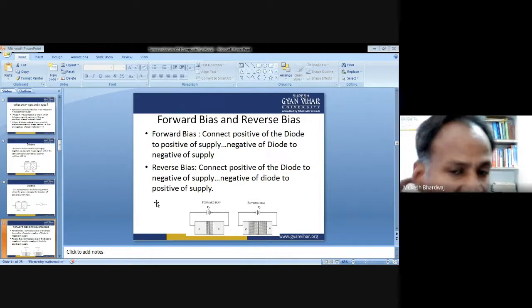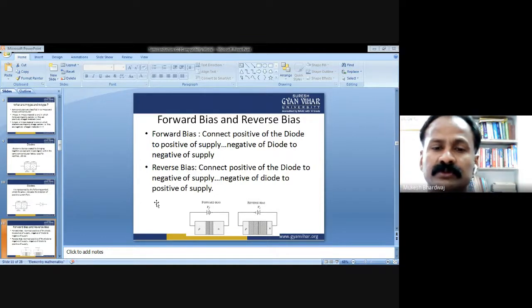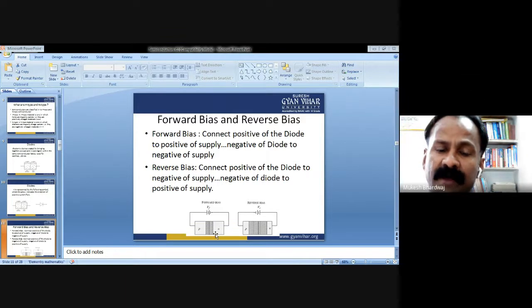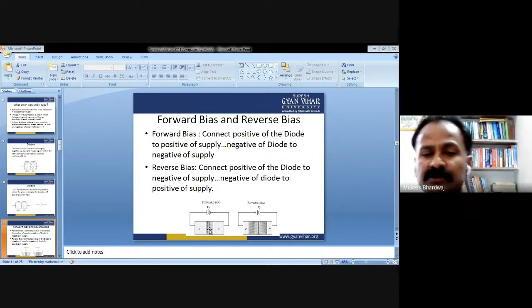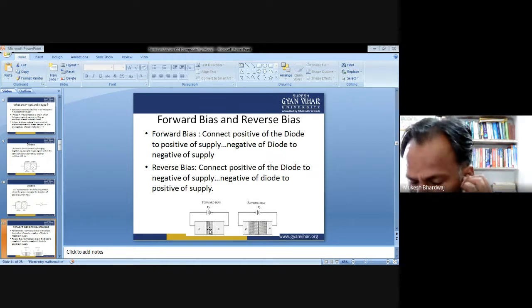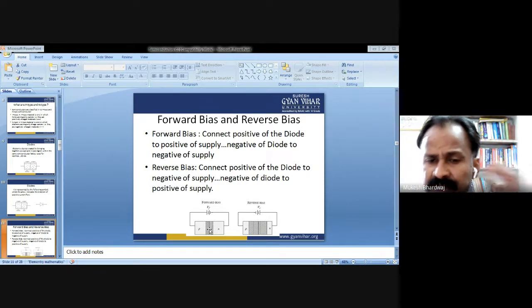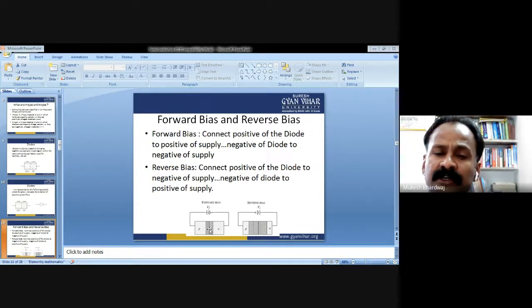By observing the diagram, you can also see that in forward bias this shaded portion is smaller, while in reverse bias the shaded portion is wider. The shaded portion is known as the depletion region, which means there is no holes and electrons present in this particular region.